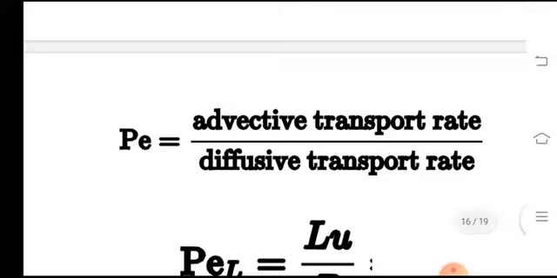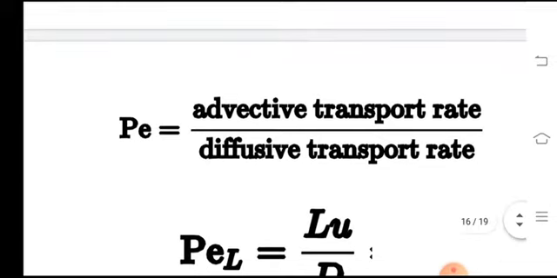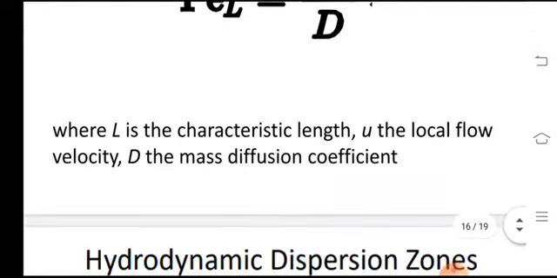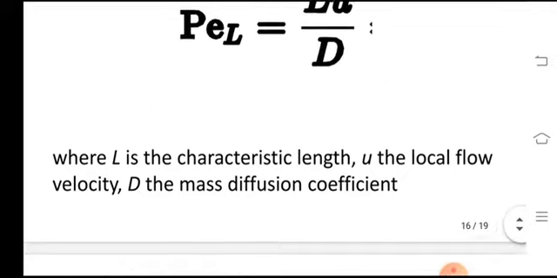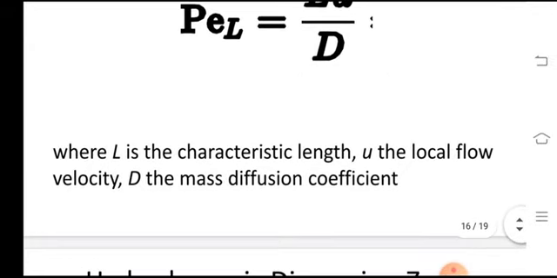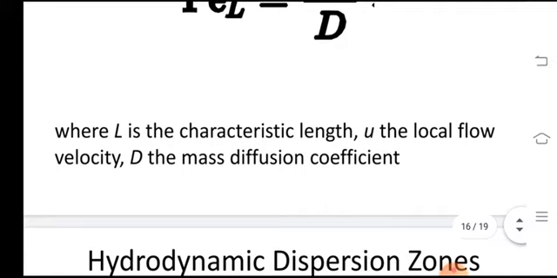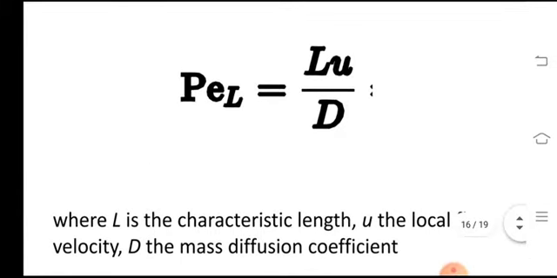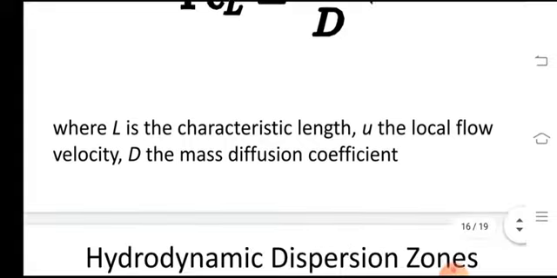This is the relationship: Pe equals advective transport rate over diffusive transport rate. Here L is the characteristic length, U is the local flow velocity, and D is the diffusion coefficient. This is the simplest relationship, which you can understand easily.